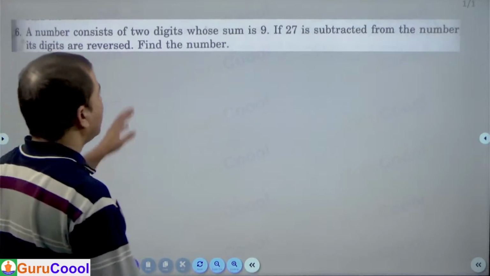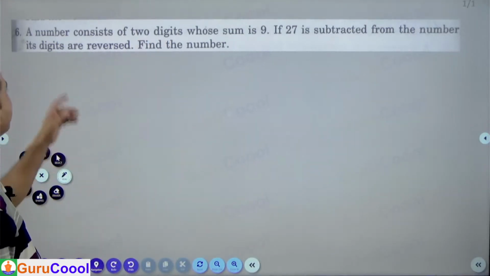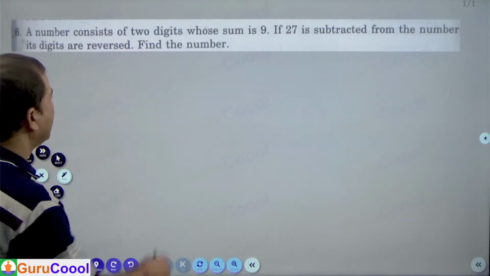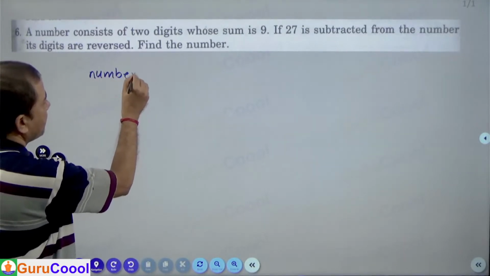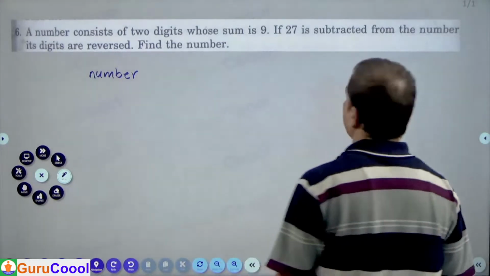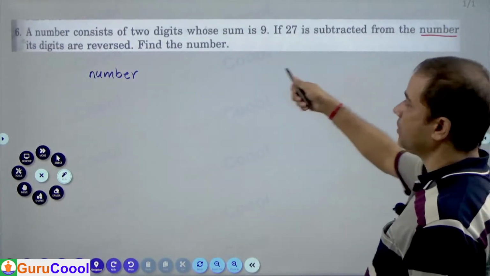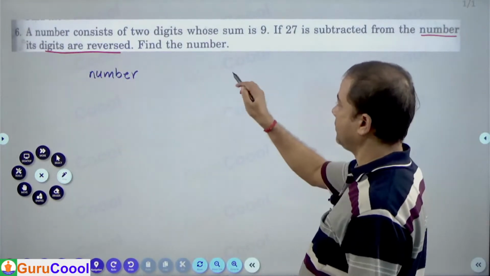Okay. So let us create the equation in this one. A number consists of 2 digits. So there is a number, and there is another number whose digits are reversed.